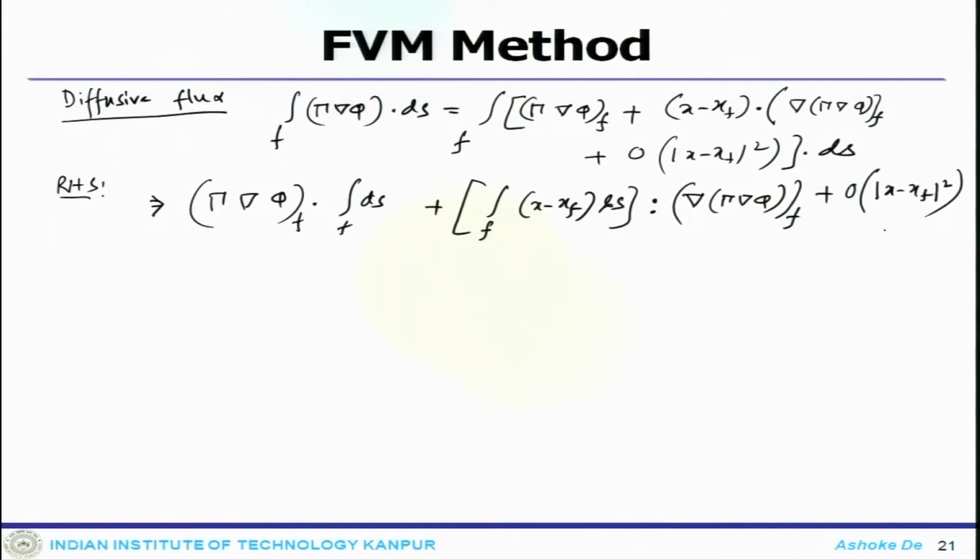Okay. So, if you collect, this will be gamma delta phi f dot s f plus order of square. Again the higher order term sitting here is second order accurate.